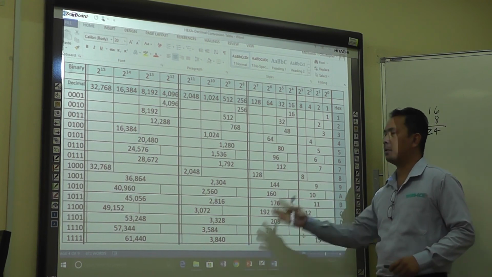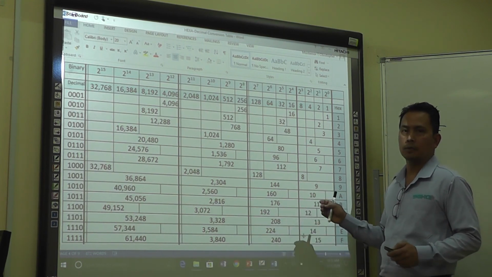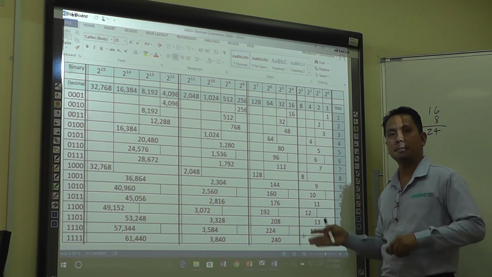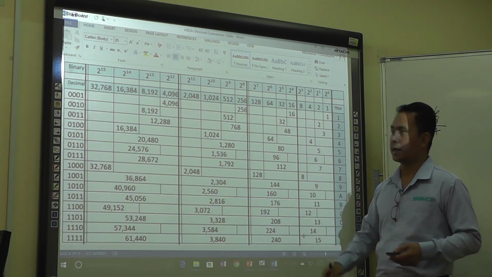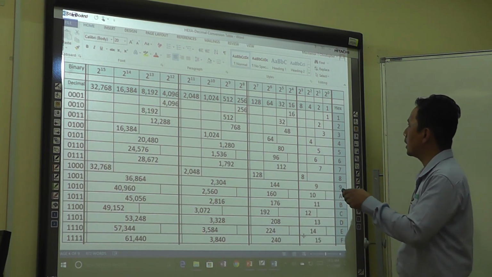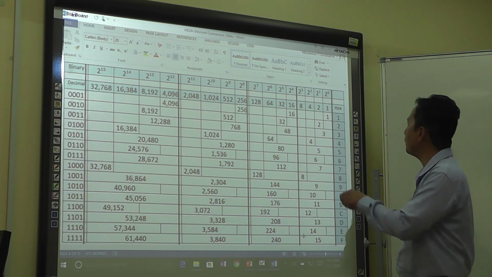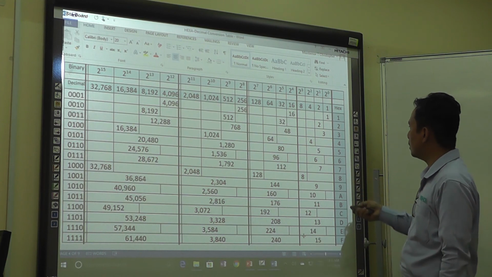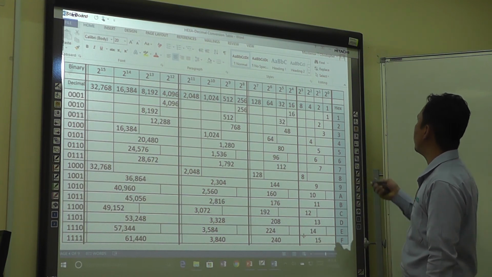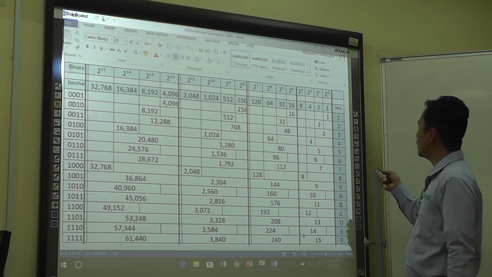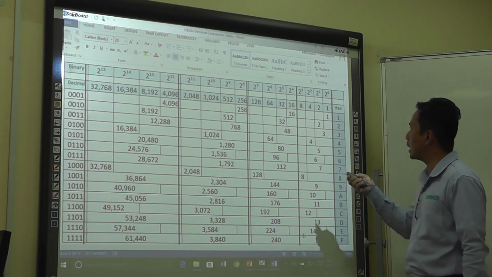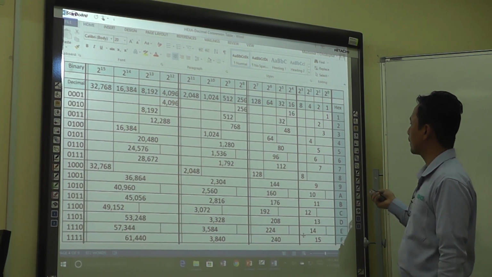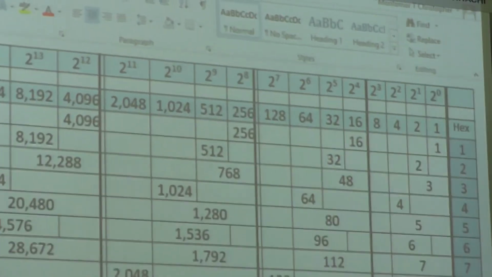By this table, you can easily convert the binary to decimal and also at the same time decimal to binary by just simply looking at the tables on the column. This column is for the value of the binary numbers, then this one's for the decimal.